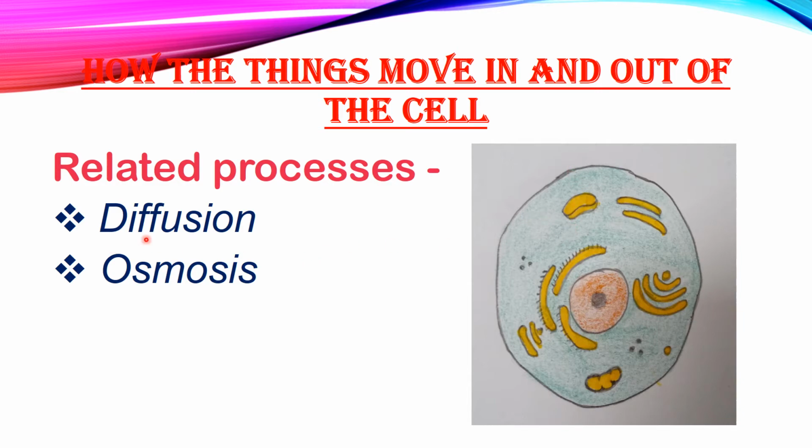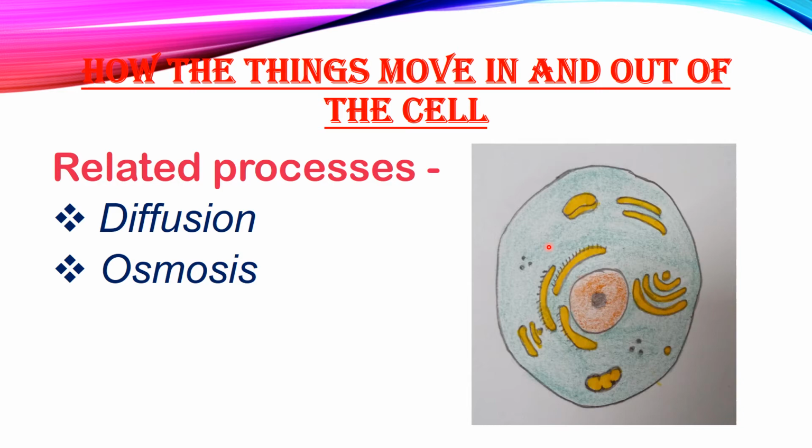Now how does water move in and out of the cell? Water also moves in and out of the cell through diffusion, but the movement of water through a semi-permeable membrane is known as the process of osmosis. Now what happens if the concentration of water increases in the cell as compared to the outer environment?